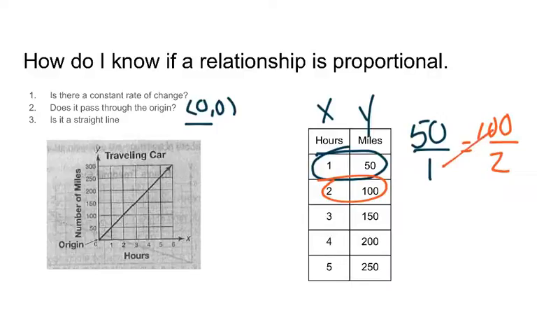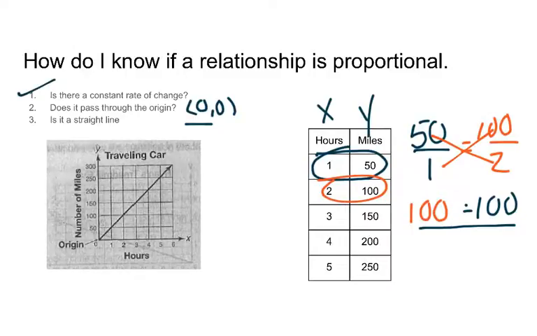So 100 times 1 is 100 and 50 times 2 is 100. If these are equal to each other, then it is a proportional relationship. Now, you want to make sure to check more than one set of ratios, okay? You want to make sure that you check more than one, normally if you do not have a table. But what we know is as we're looking at this, it has a constant rate of change.